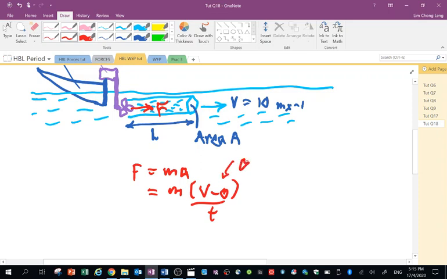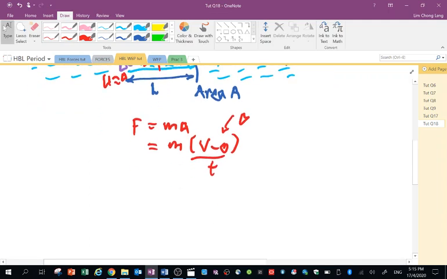That's because the water initially has a velocity of 0. Then it is being pushed as a column of water towards the right. So this column of water has a velocity of 10 meters per second. So there is a change in velocity of water as it accelerates from 0 to 10 meters per second.